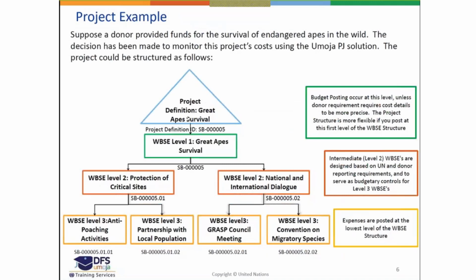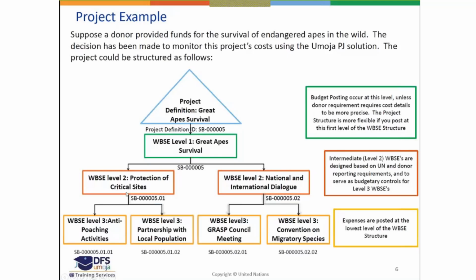Project example Grid Ape Survival. This SB05 is split in 2 main activities: the protection of critical sites and the national and international dialogue. So this will be the ID of the WBS element. The previous level split is 01. Previous level split is 02.